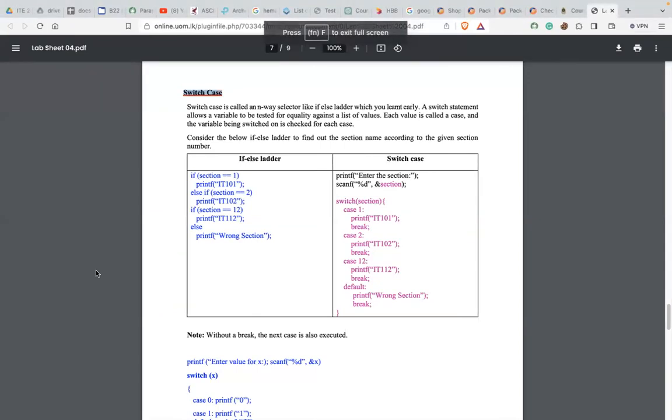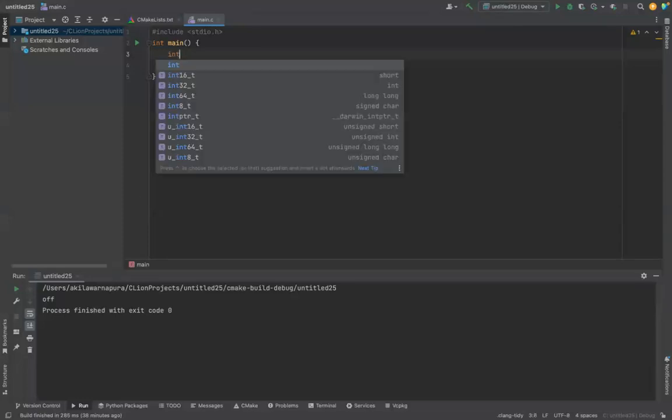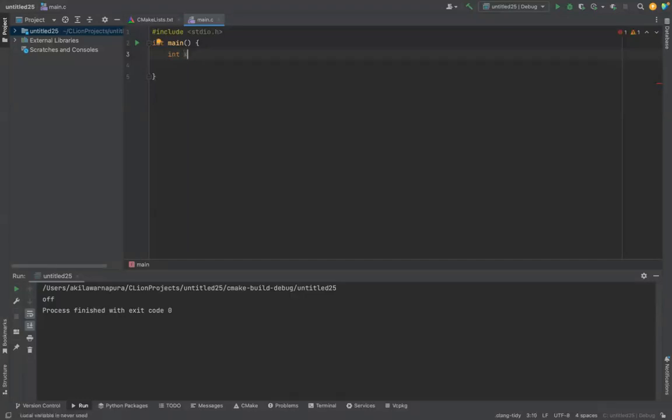Okay, let's take an example. Let's first write this one in an if-else statement. Int x variable, and you can ask printf, enter day of the week.